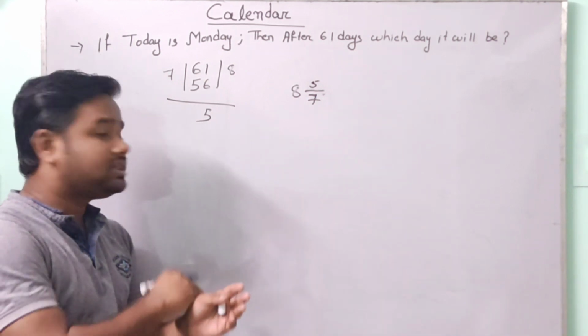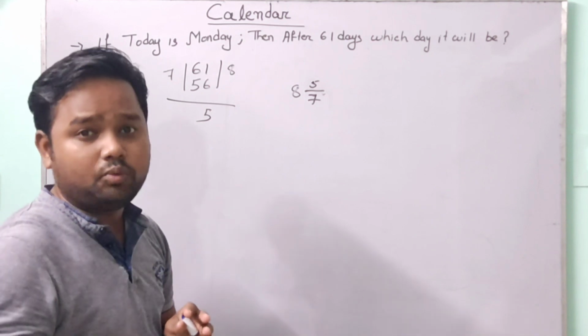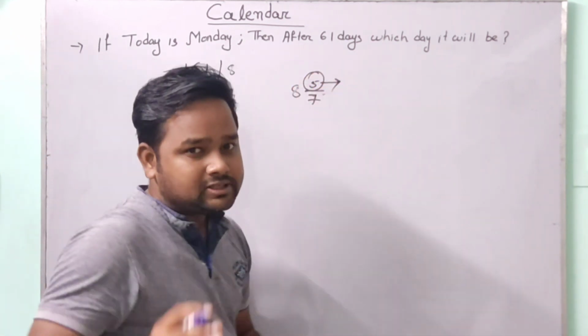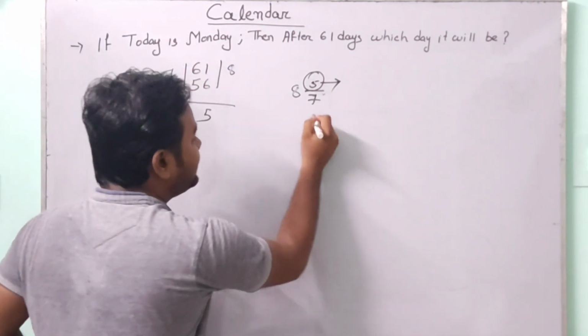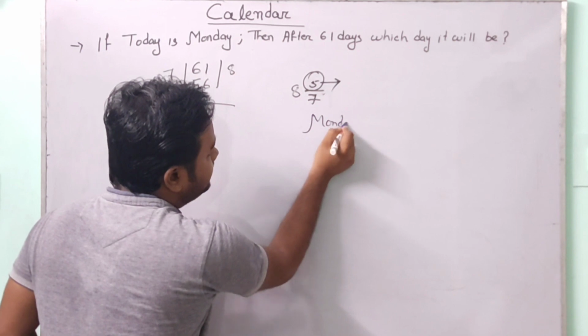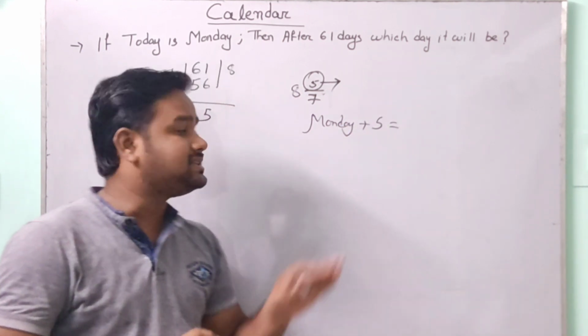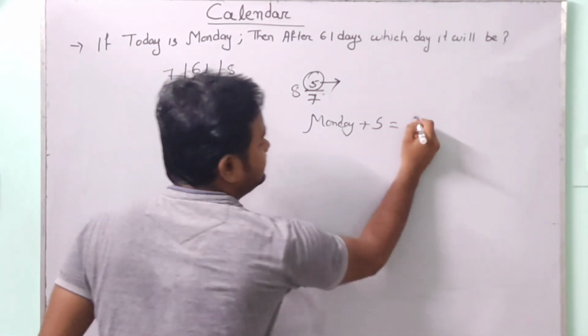That means with a complete 8 weeks, 5 extra days will be there. Since 5 extra days will be there, I have to add this 5 to Monday. So my answer will be Monday plus 5. Monday plus 5 means the day 5 days after Monday. The answer will be Saturday.